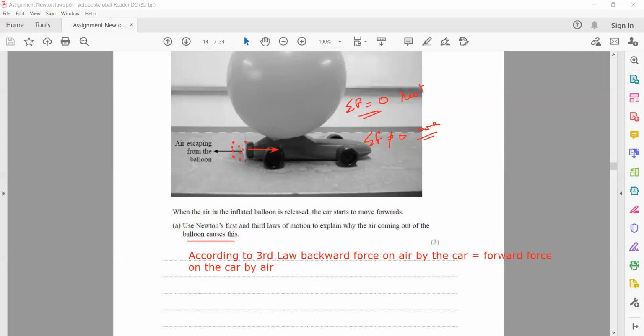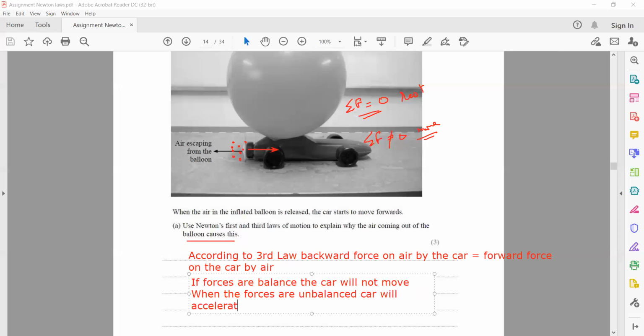Then the second point: if forces are balanced, the car will not move, and when the forces are unbalanced, the car will accelerate.